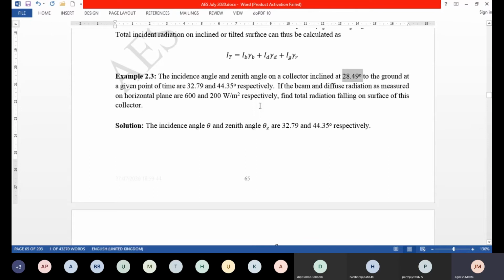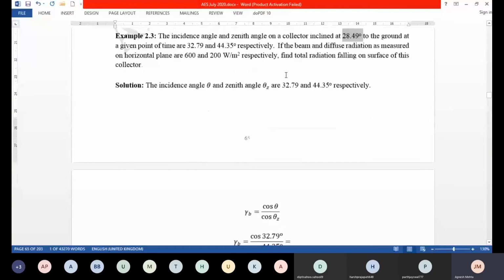And generally, of course, if you are talking about a flat plate collector, you are taking the diffuse part also as input energy, but there are certain collectors where only the beam radiation is important. It is not able to utilize the diffuse part. So in that case, this term will be even more important.